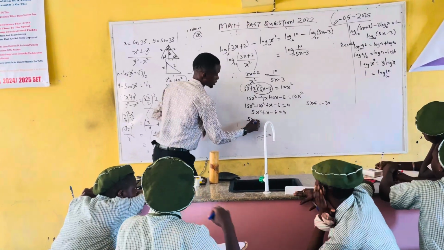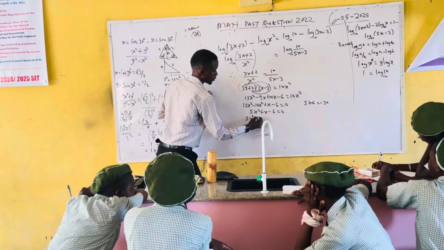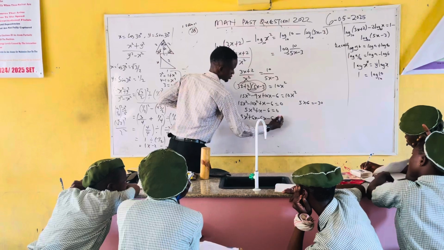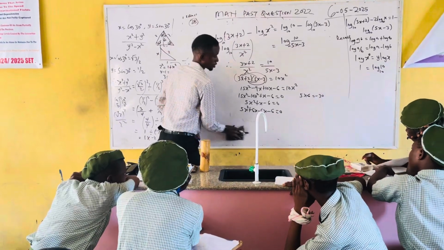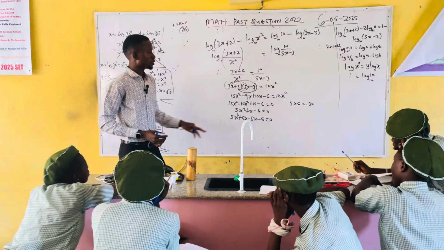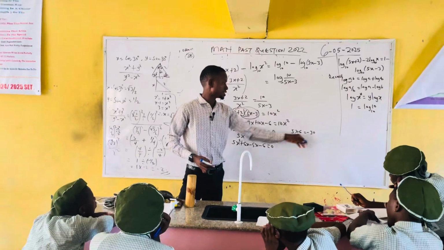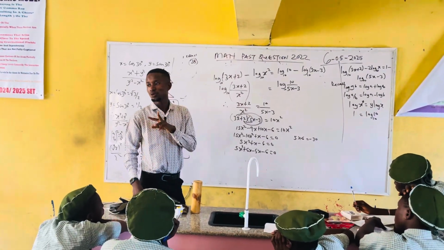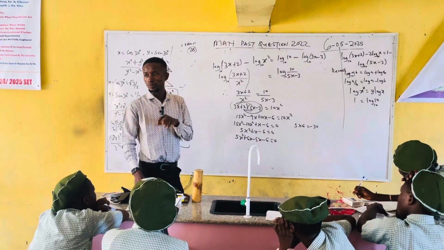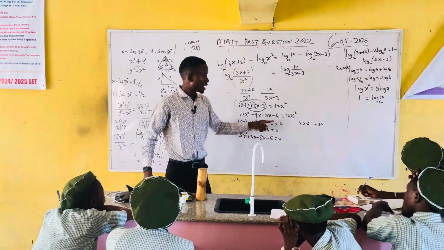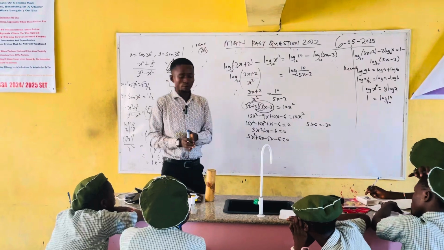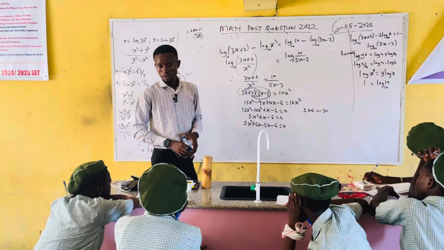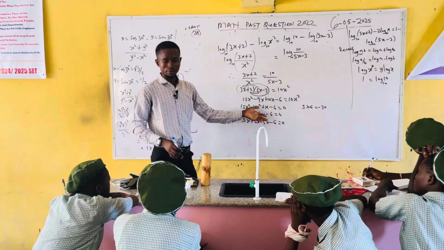So that's 5x squared plus 6x minus 5x minus 6 equals 0. Do you understand how we got that? The way we solve by factorization is you look for two numbers that, when you multiply them, you have minus 30, and when you add them, you have plus 1.